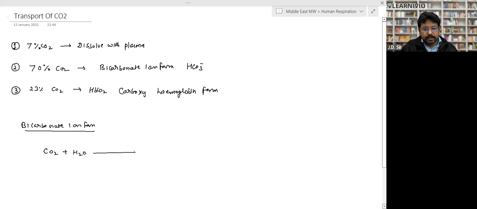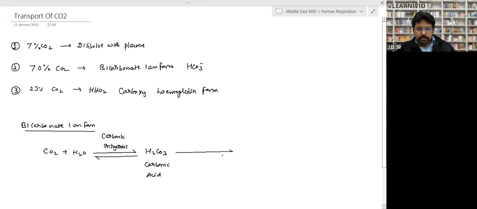This reaction is catalyzed in the presence of an enzyme called carbonic anhydrase. In the presence of this enzyme, it converts into H2CO3, carbonic acid. But carbonic acid is not a stable compound, it is unstable.